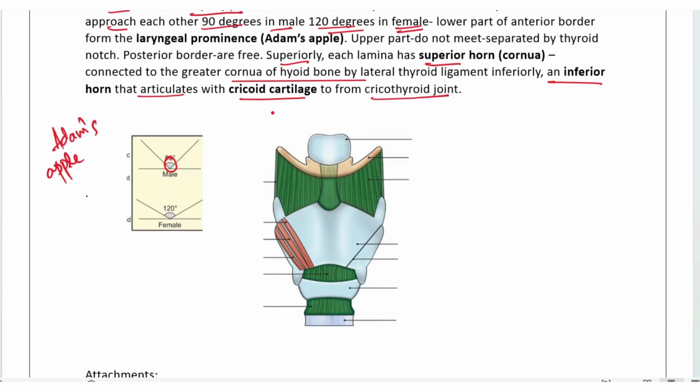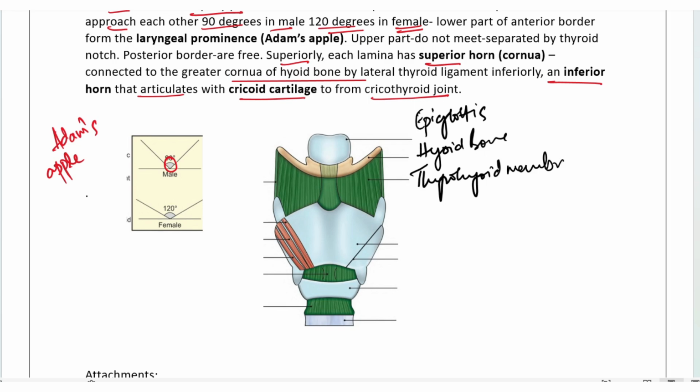Now we'll draw one diagram. Now the first one is epiglottis. This is our hyoid bone. This is the thyrohyoid membrane. This is thyroid cartilage.